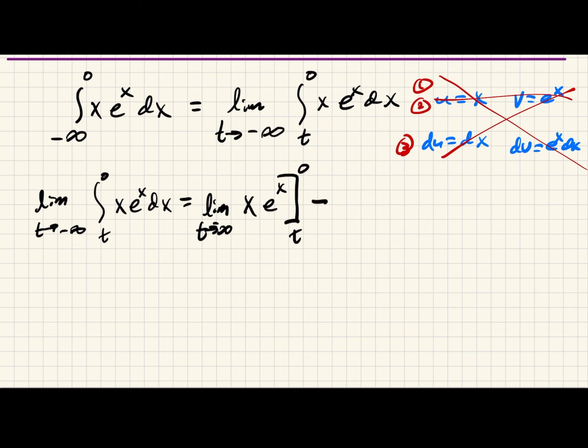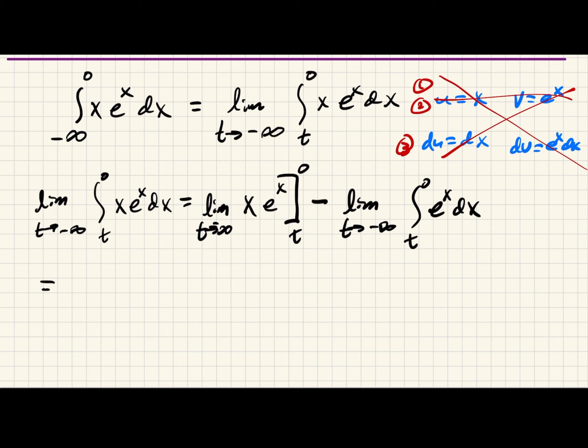And then minus 3. This will be the limit as t goes to minus infinity, the integral from t to 0 of e to the x dx. Okay, so what do we got here?